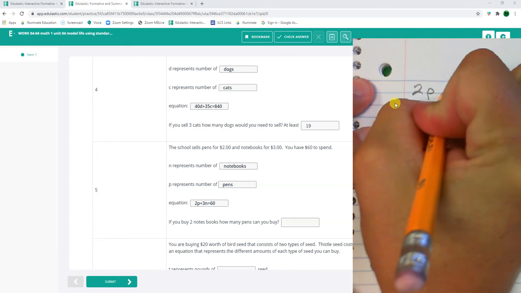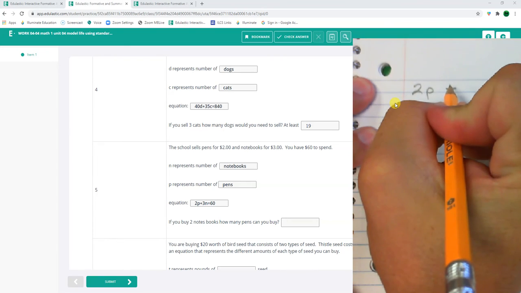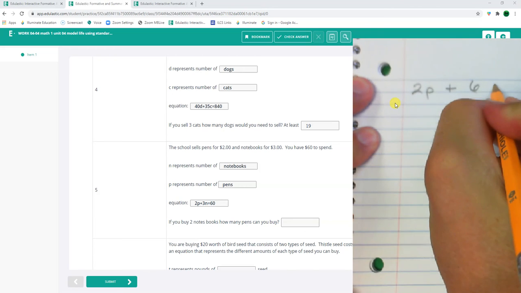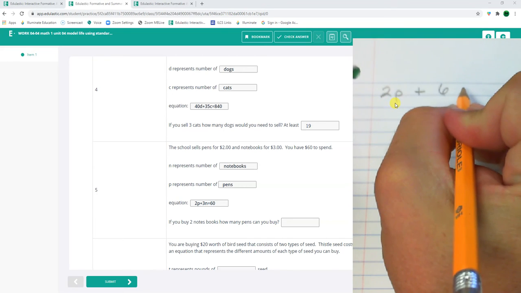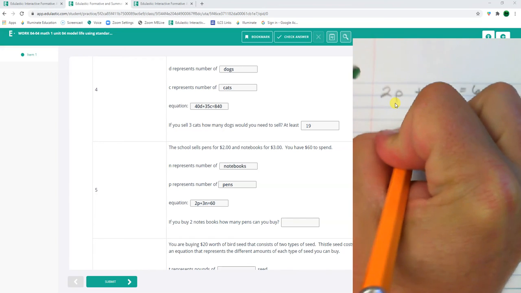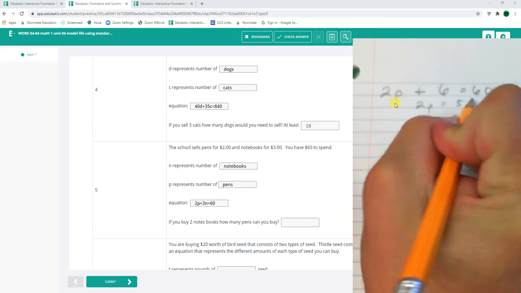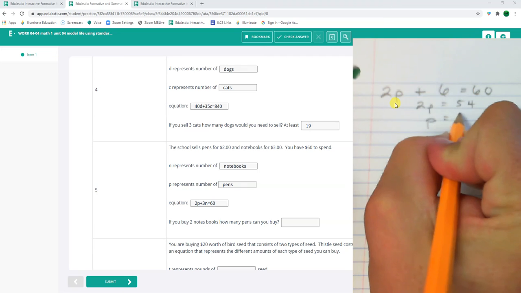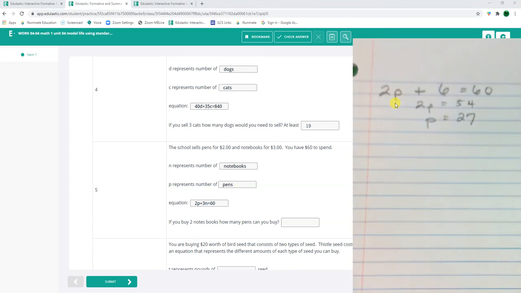Two pens plus, how many notebooks did I just buy? I did 2 notebooks, so that's $6 for notebooks equals 60. So 2P equals 54, so P equals 27. So 27 pens.